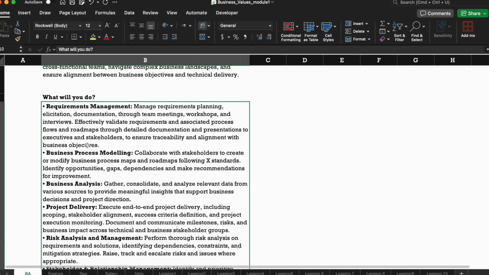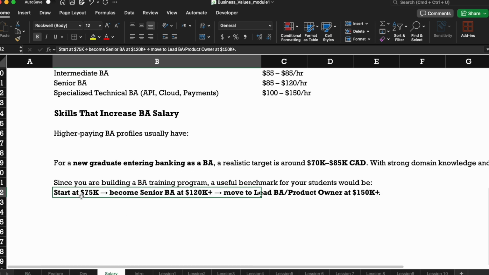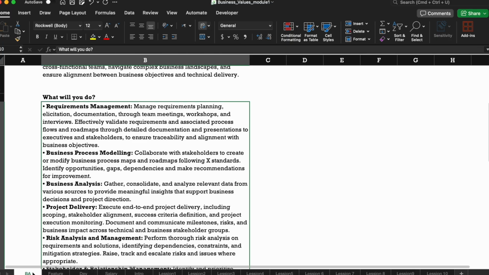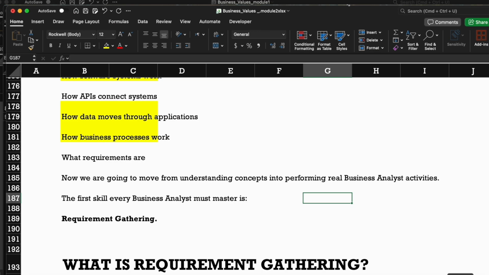That's why you see that even without experience you can get a high salary, starting from 70 to 75,000 up to 80,000, as a business analyst, if you learn this one skill, requirement gathering.